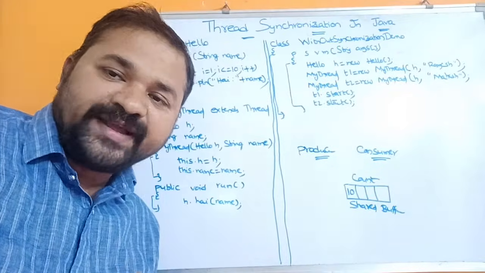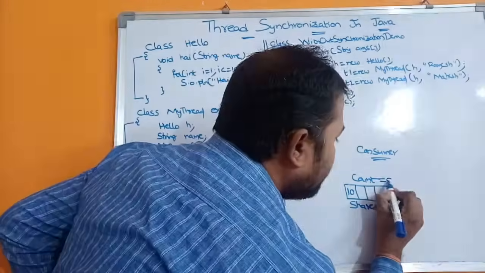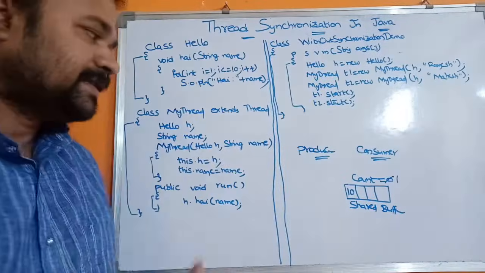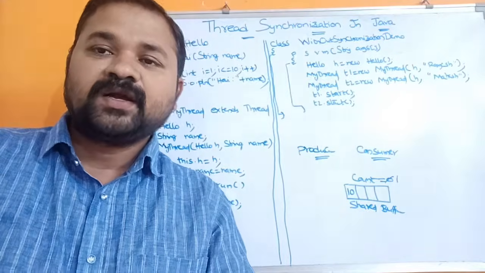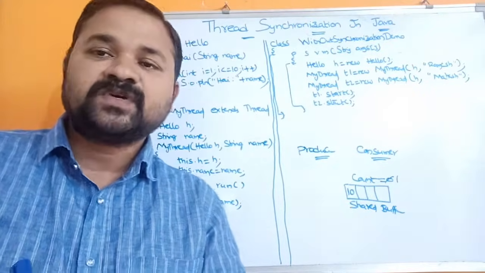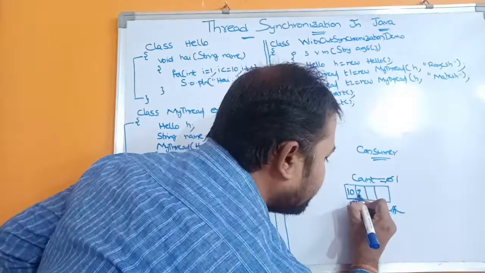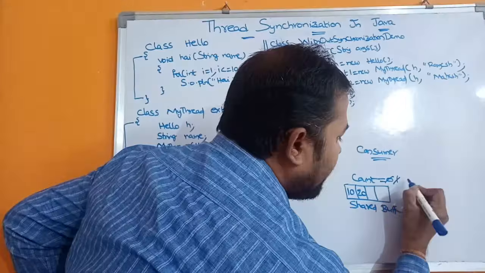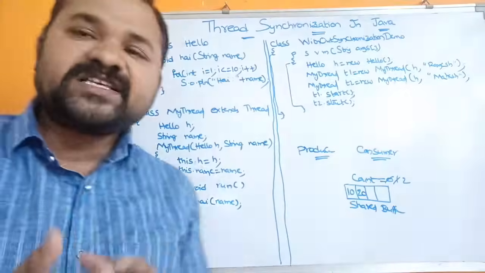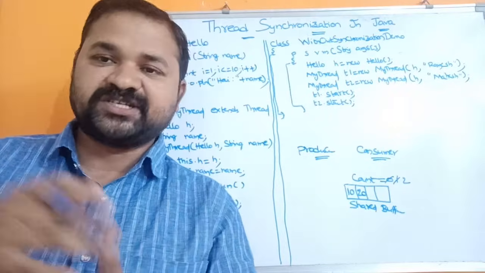Initial value of count is 0, so now count value will become 1. Then assume that the producer thread produces one more item, let us assume that item is 20. So 20 will be placed in the buffer, and then it increments count by 1. So now count value will become 2. Likewise the producer thread will perform the operations.